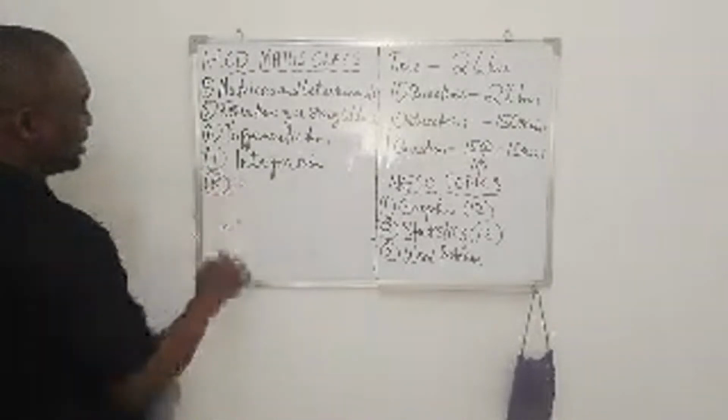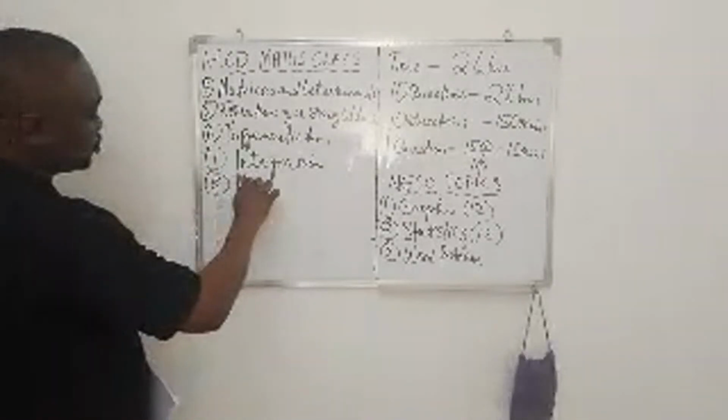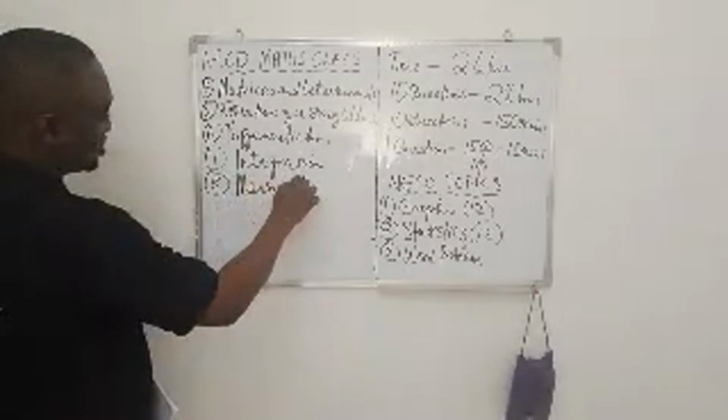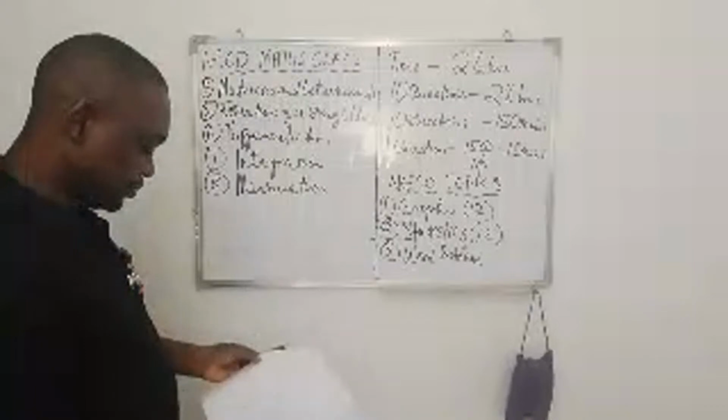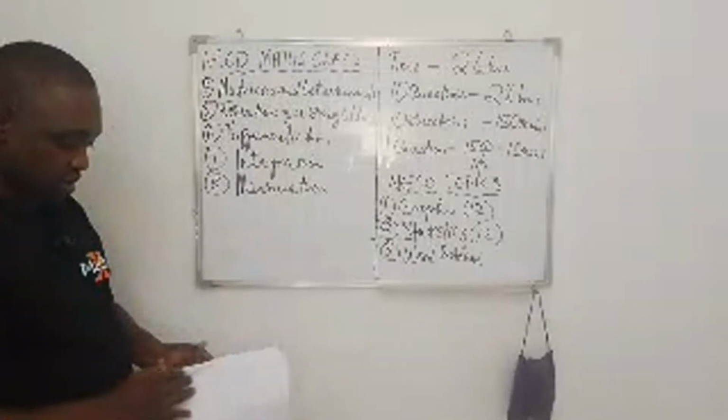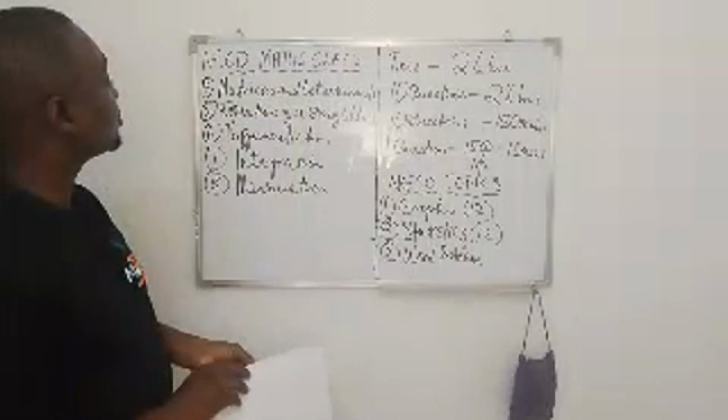Then your number 8, there is mensuration. So they will test you by this. Then sequences.